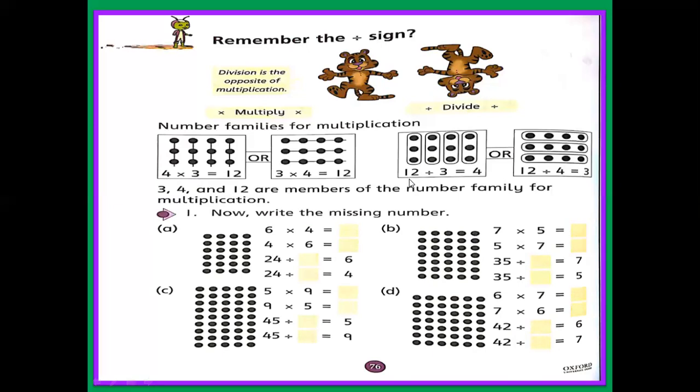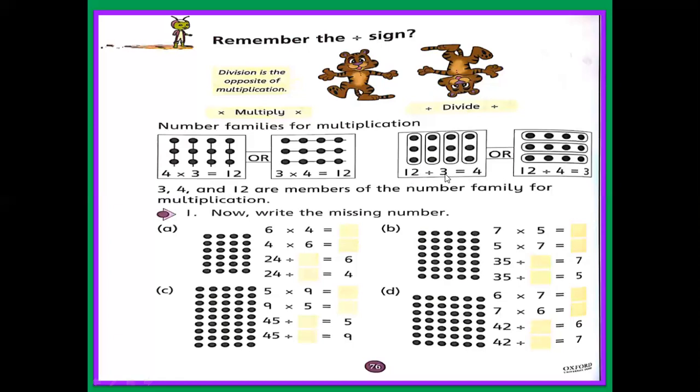In division, the first number, 12, divided by 3. So we read the table of 3. 3 ones are 3, 3 twos are 6, 3 threes are 9, 3 fours are 12. So which number multiplied with 3 makes 12? 4, and that is our answer. 3 fours are 12.